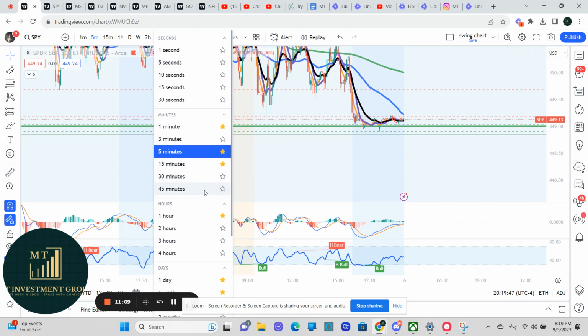Same thing with the daily and the hourly or the 2 hour. I'll look at the 3 or 4 hour and see, does this help me see things a little bit better? And remember, all these charts say the same thing. They're just in different time frames. That's the point I'm trying to get across in this video.